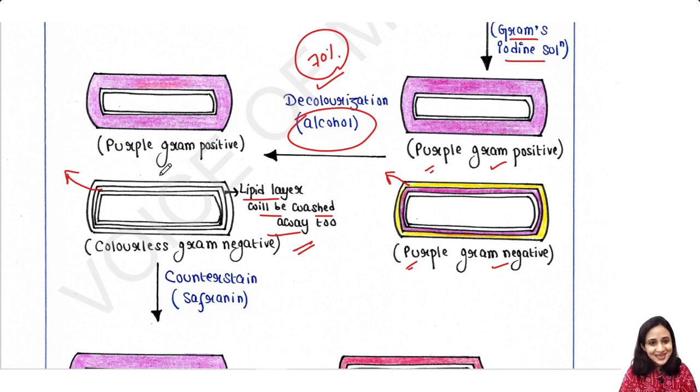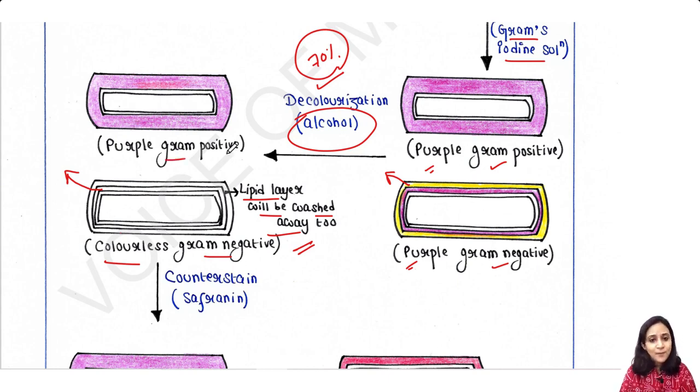Now, as this layer is very thin, the stain will also be washed away along with the lipid bilayer. The cell looks colorless.